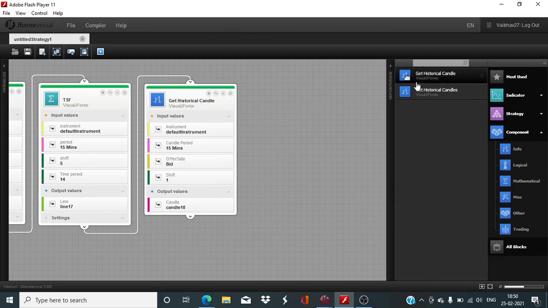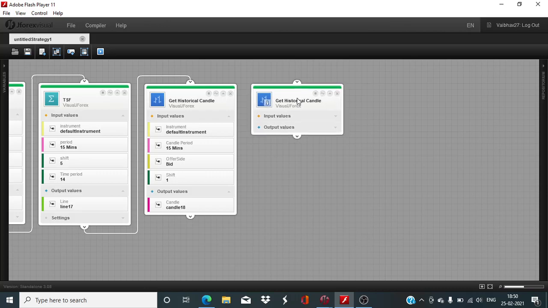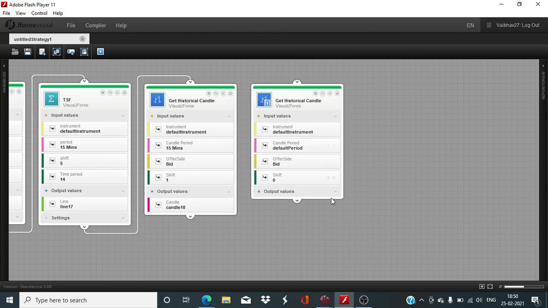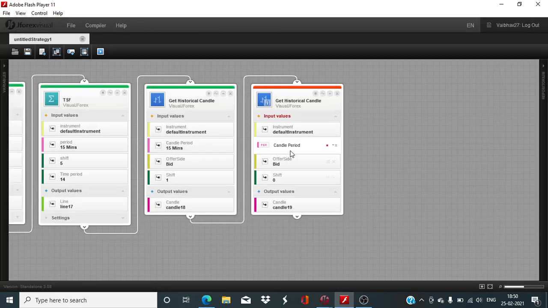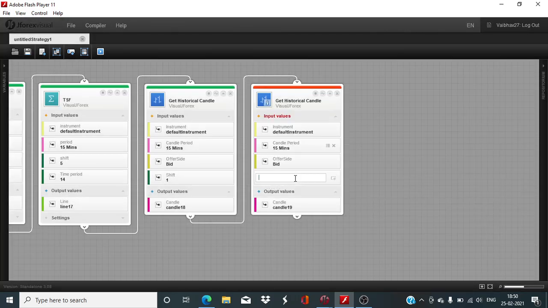Okay, one more also needed. Here also we need to change the candle period to 15 minutes. Shift value of 2.